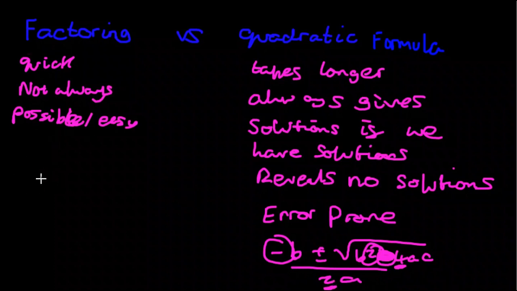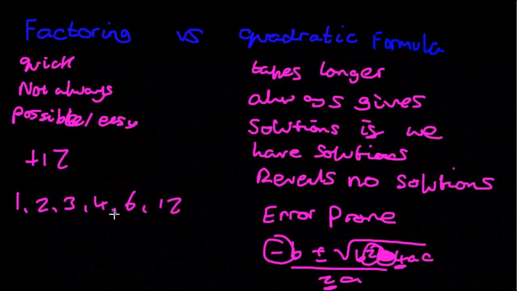So factoring is great when you have numbers with a small amount of factors. So say you have a quadratic involving a plus 12 on the end. Well, 12 splits into 1, 2, 3, 4, 6 and 12. So there's not that many things to try. So for that I would suggest factoring, and that'll give you a nice idea.